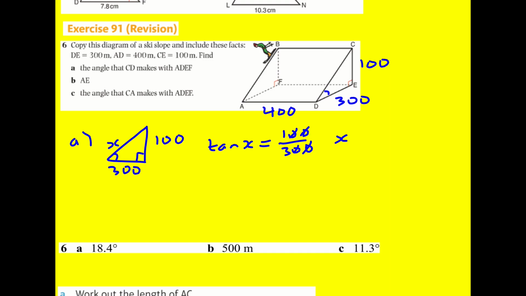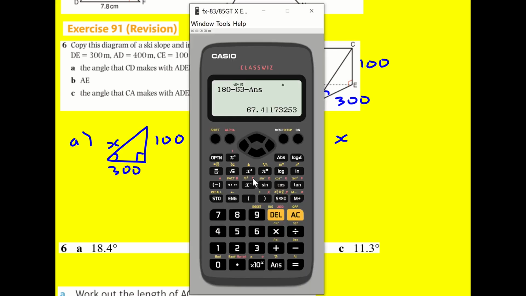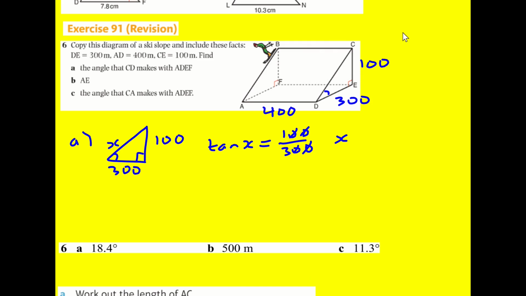So we can then do the inverse tan of 1/3, which gives us 18.43. Okay, I'm not going to write all my working down there. 18.4 degrees.